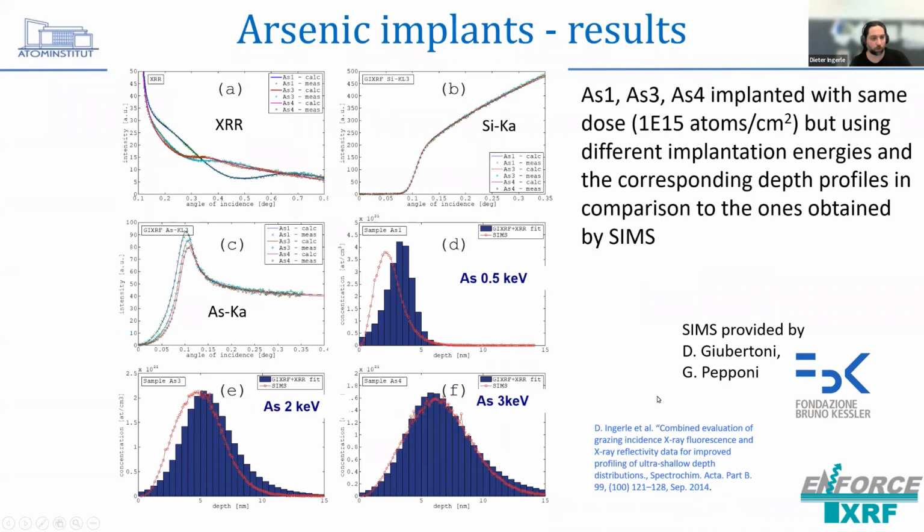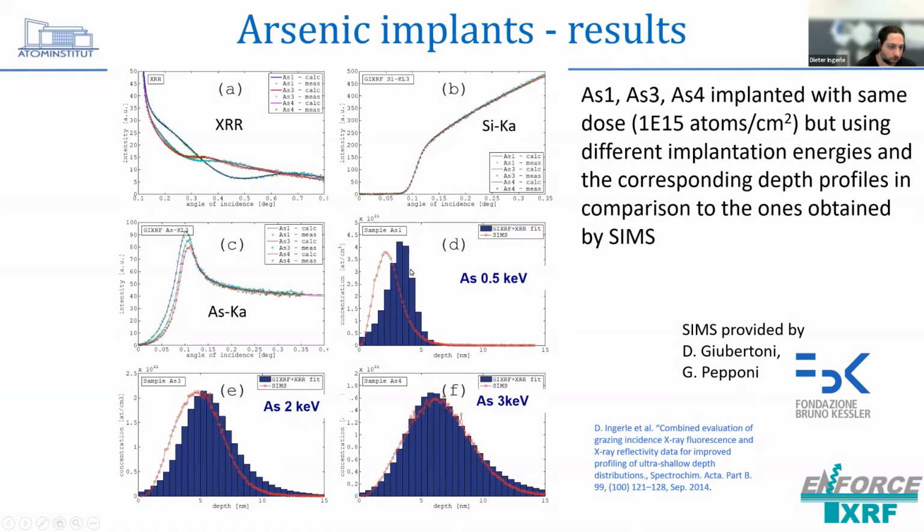And this we then did a little bit later, just combining these two different pieces of information. What you can see here from the XR is that it's not a very well-defined layer, but just some change in the electron density due to the arsenic implantation, but still it's noticeable and can be used for the fit.